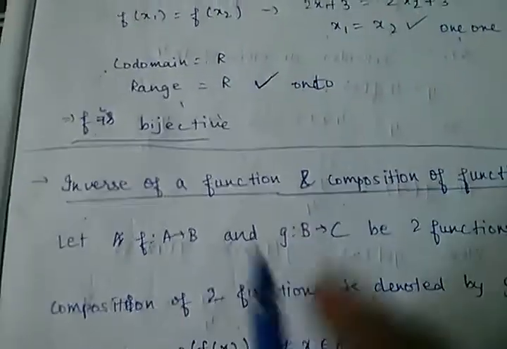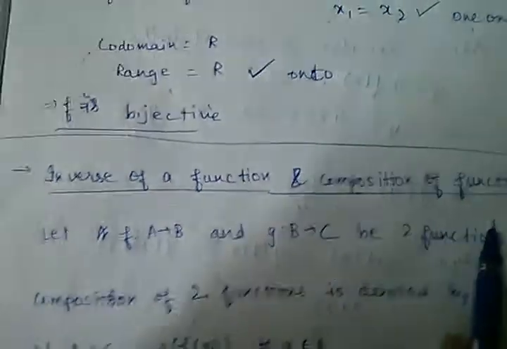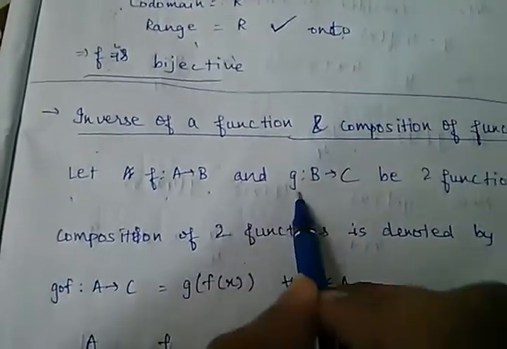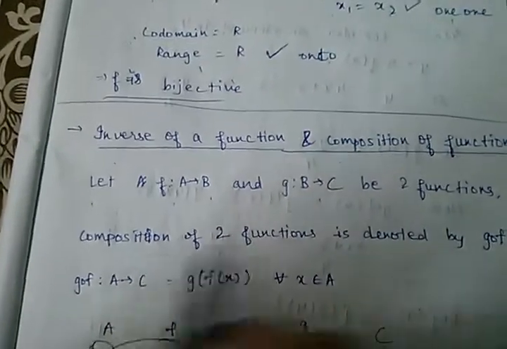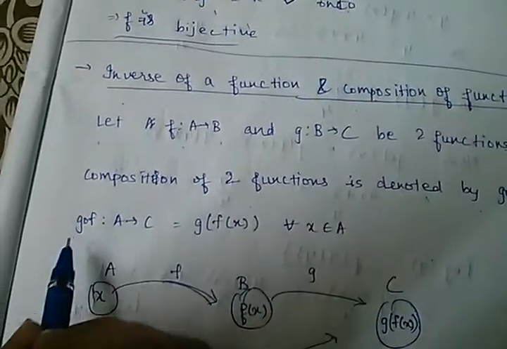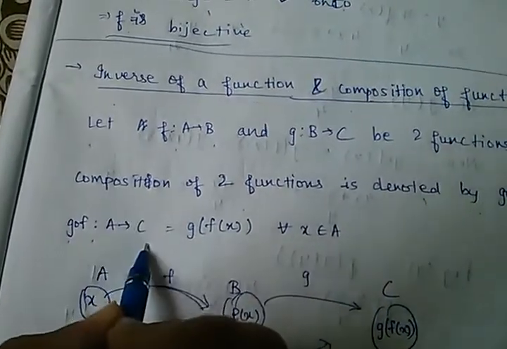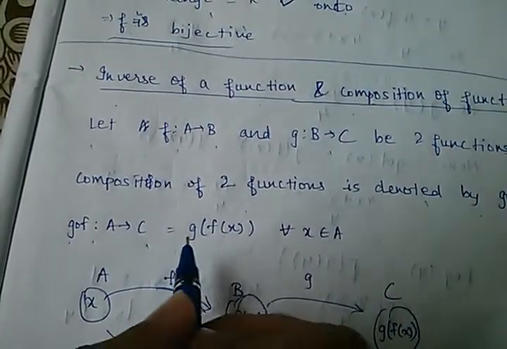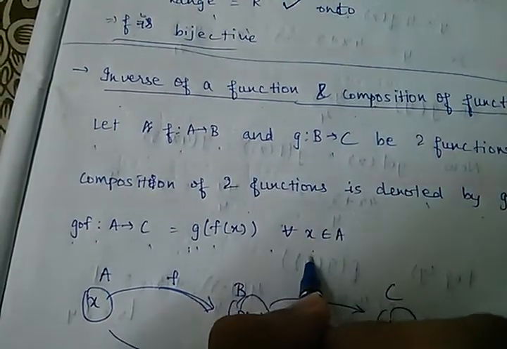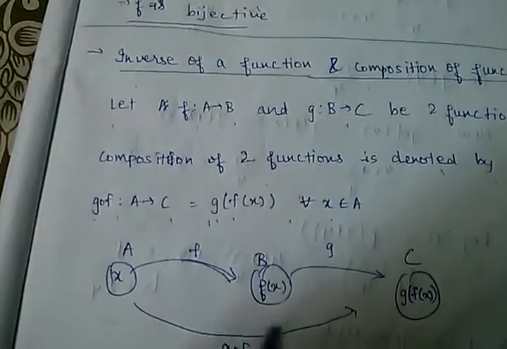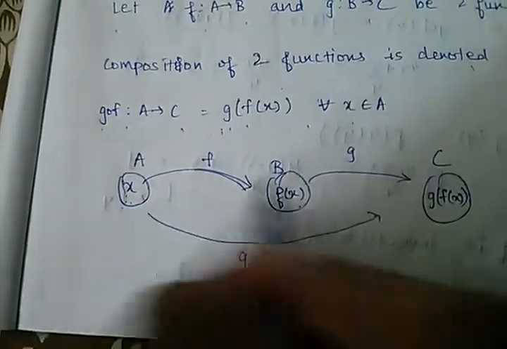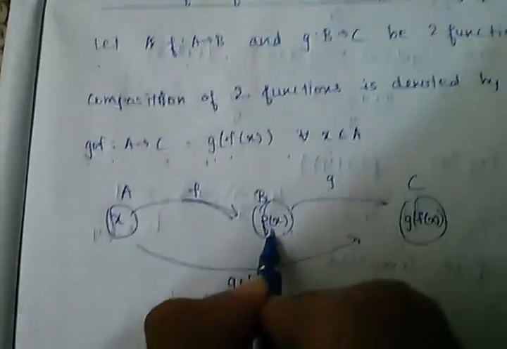Now, moving on to inverse and composition of functions. Let there be two functions f from A to B and g from B to C. Composition of two functions is denoted by g∘f, where g∘f is a function from A to C which is given by g(f(x)) for all x belonging to the set A. This is the diagrammatic representation where an element x from A is mapped to B, so this is f(x).